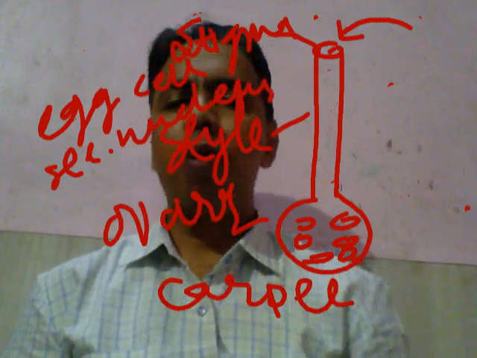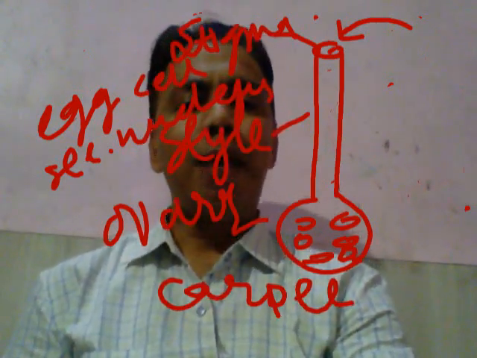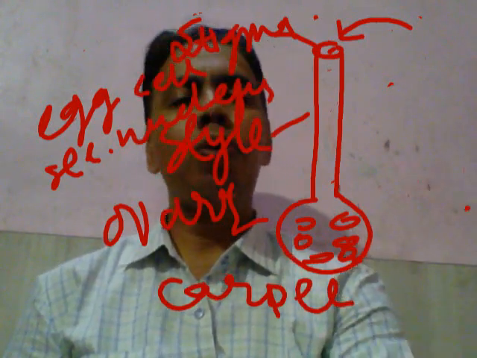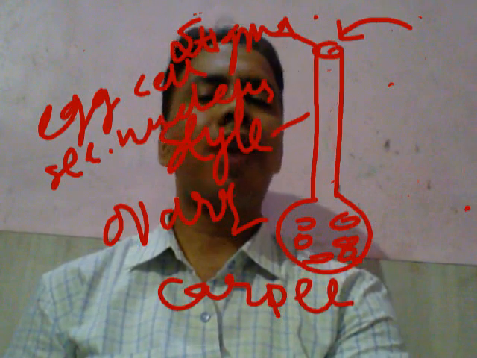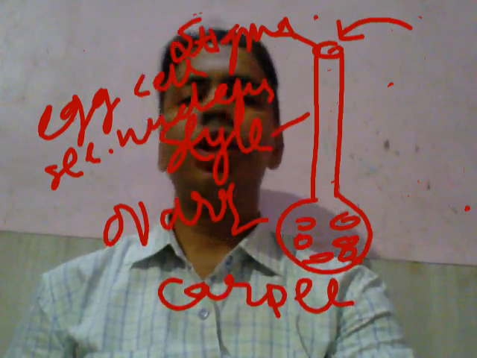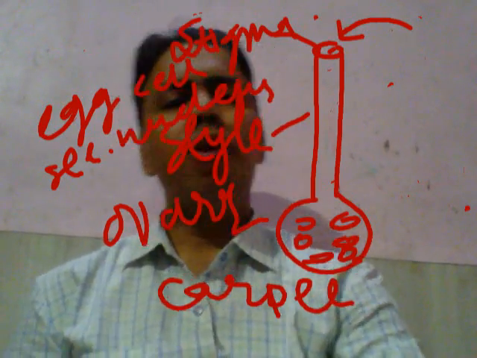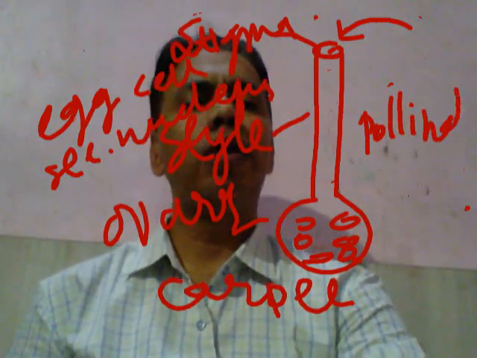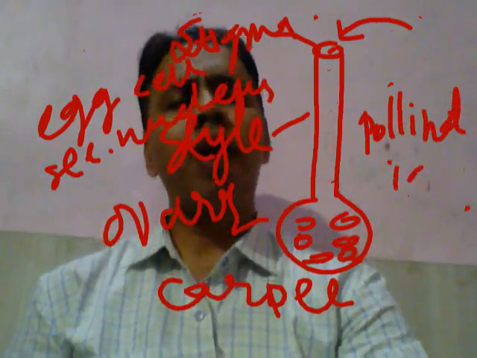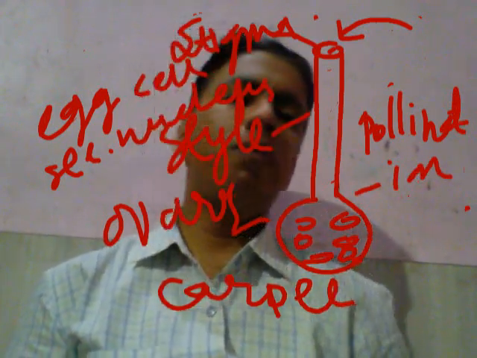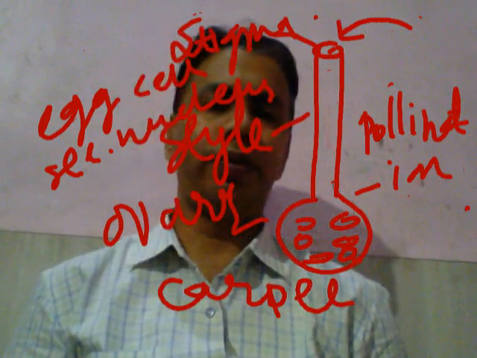The process of transfer of pollen grain from the anther of the stamen to the stigma of a carpel is known as pollination. What is pollination? The process of transfer of pollen grain from anther to the stigma of a carpel is called pollination.